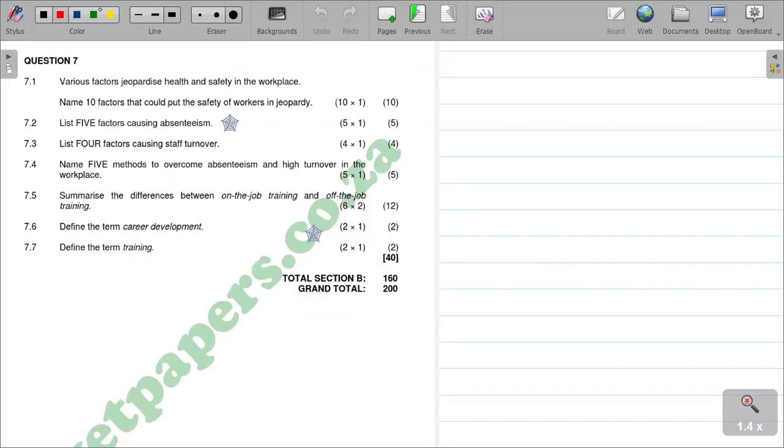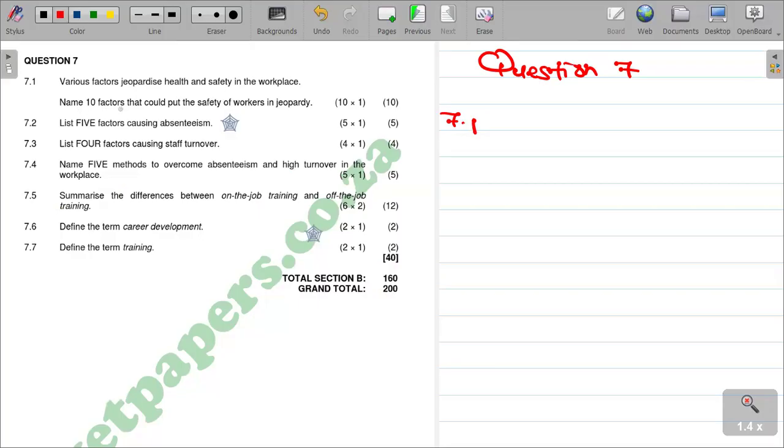Question 7.1. Various factors jeopardize health and safety in the organization or workplace.